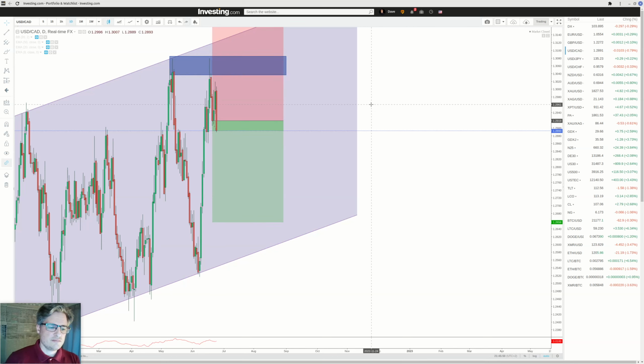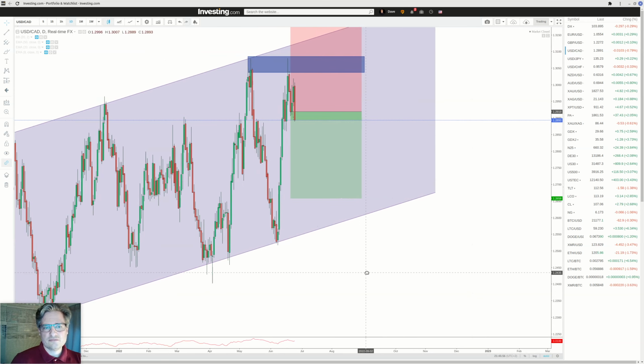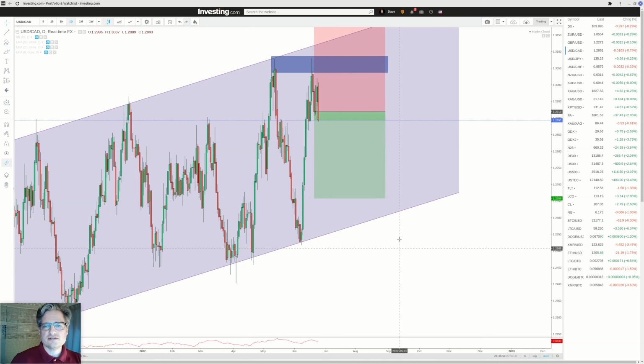I got in a bit early, but on Friday we did see a drop again. I think it's still possible to get into this trade if you maybe place an entry at the 50% retracement of this bearish engulfing candle, and then maybe a stop above this region here, just like I have on the chart.